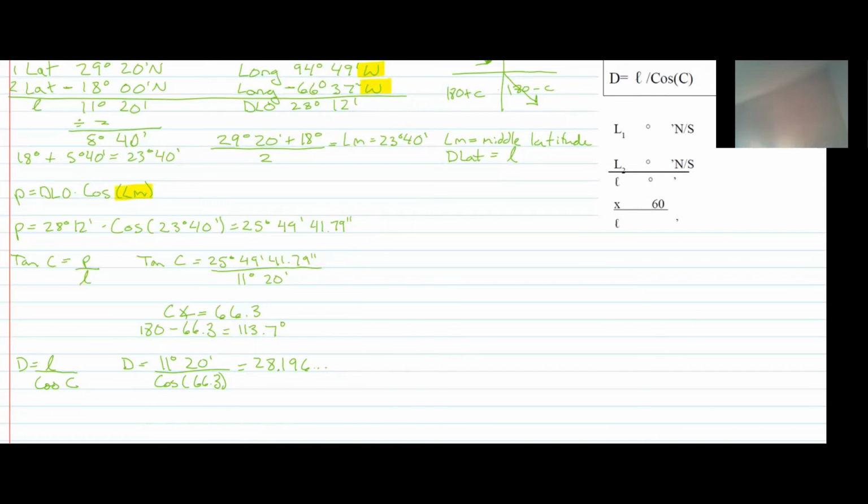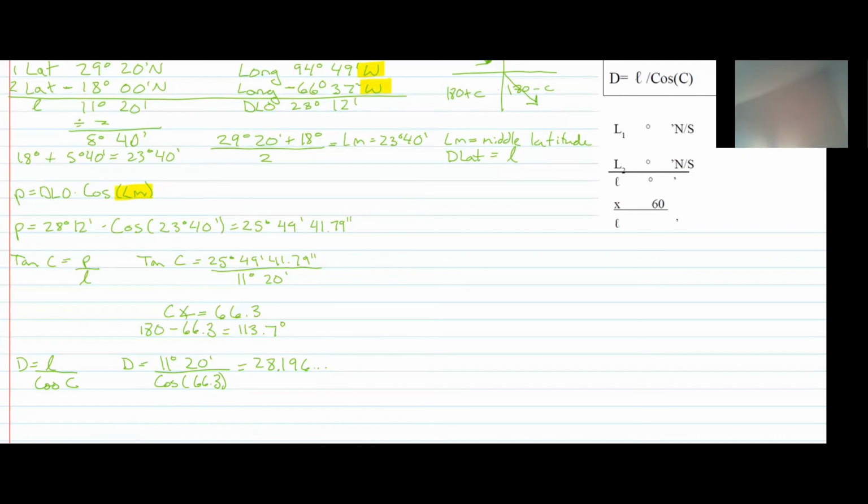So 1 degree equals 60 minutes, and 1 minute equals 1 nautical mile. So saying we traveled 30 minutes is the same as saying you traveled 30 nautical miles as a distance.